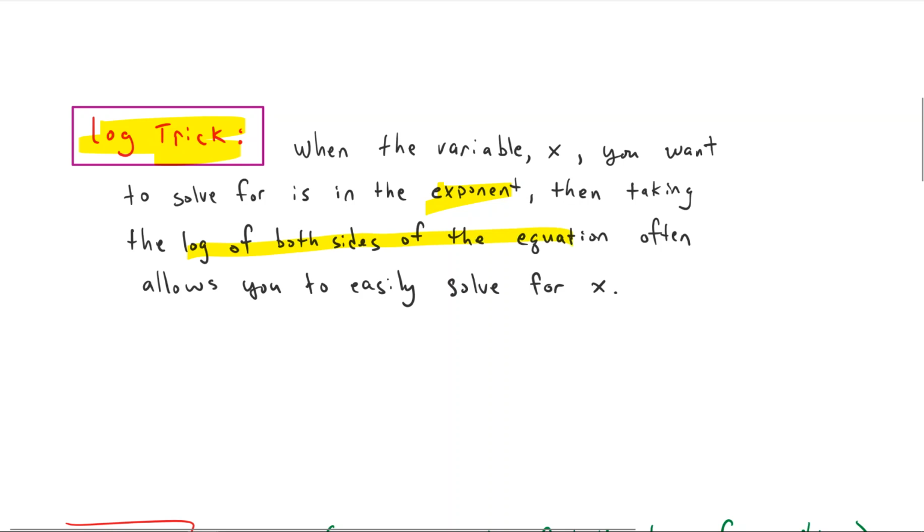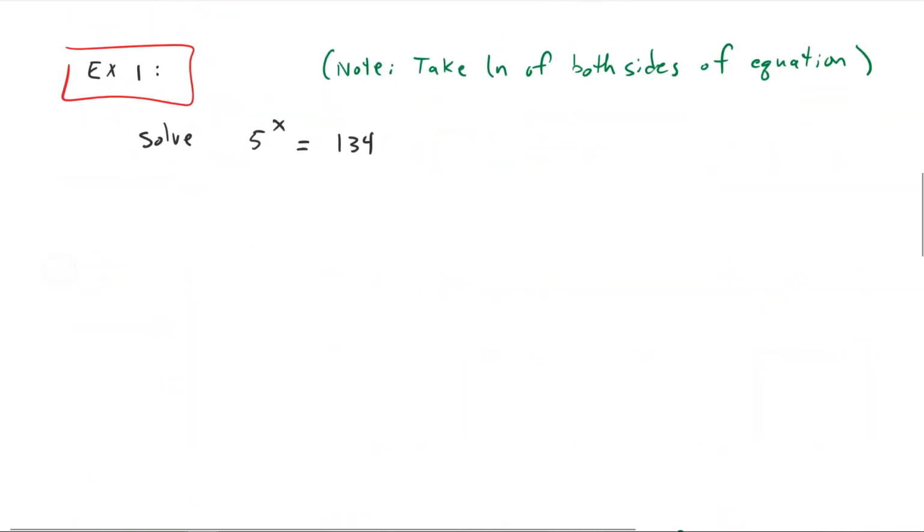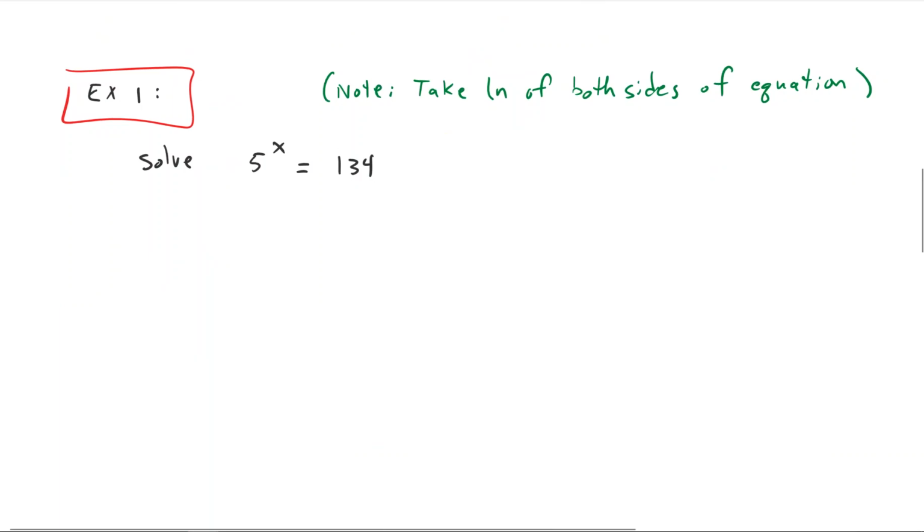It often allows that exponent to come down in front, and then you can solve for the x that you need. So a great trick for your bag of tricks for solving exponential equations specifically is to take the log of both sides of the equation. Let's show you an example.